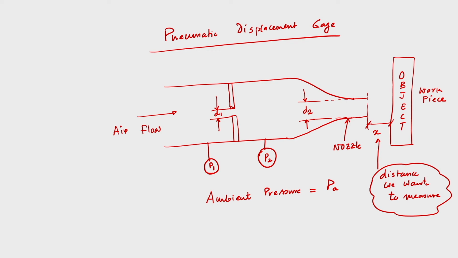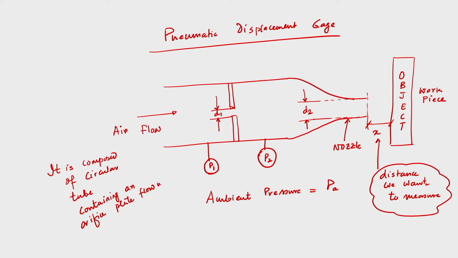Now, it is composed of a circular tube containing an orifice plate flow meter, followed by a nozzle on a common axis.